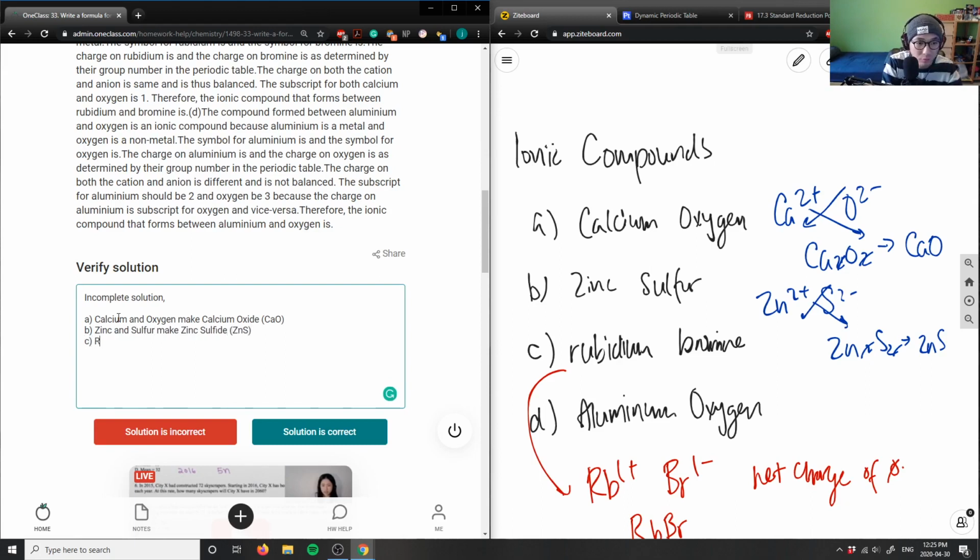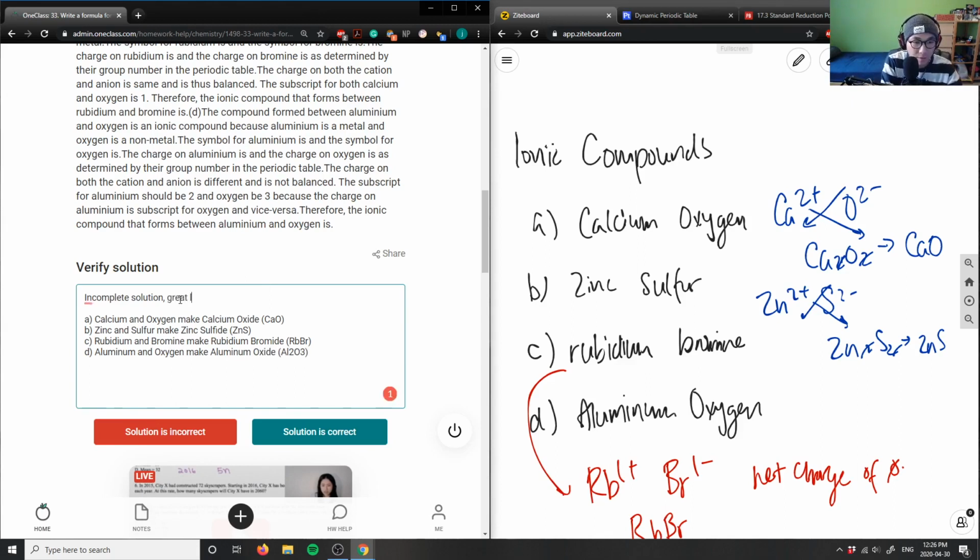C here is rubidium and bromine make rubidium bromide, which is RbBr. And finally, D here is aluminum and oxygen make aluminum oxide, which is Al2O3 here. So this here is my incomplete solution.